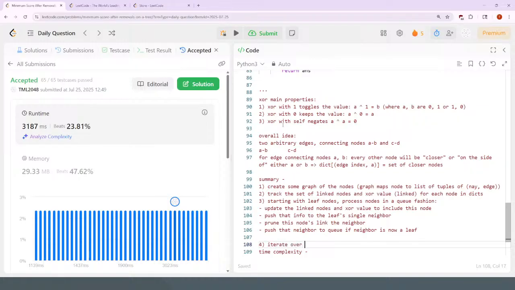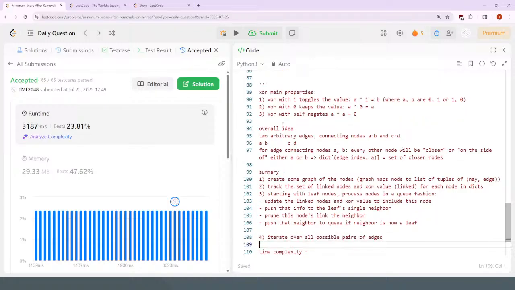And then post that, iterate over all possible pairs of edges, and then, let's say those edges were E1, E2, identify what connecting nodes to E1 and E2 are kind of farthest from each other.